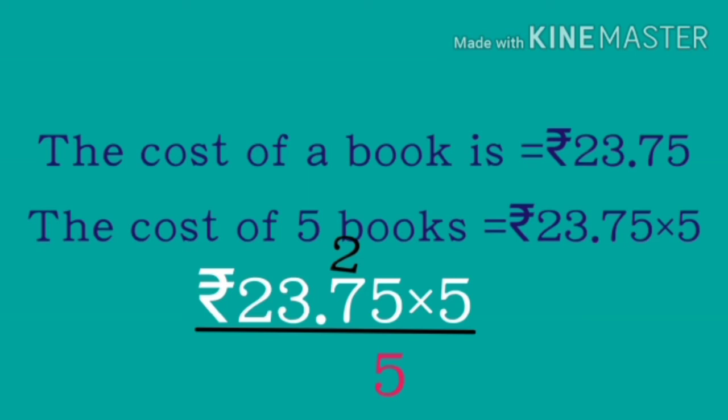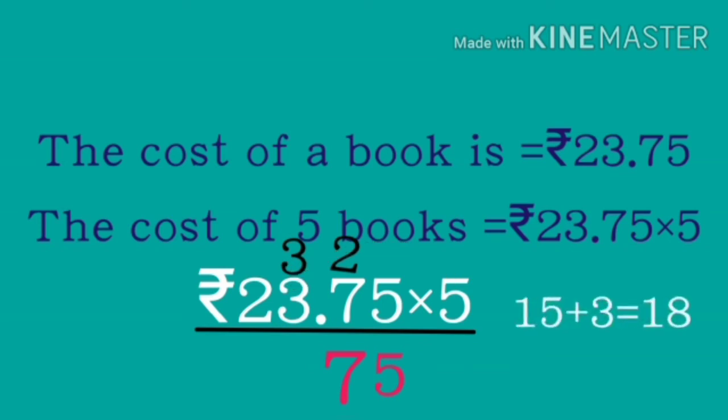Now multiply 7 into 5 is 35 and add 2 carry. 35 plus 2 is 37. So write 7 in tens place and 3 carry to the hundred place. Now multiply 3 into 5 is 15.